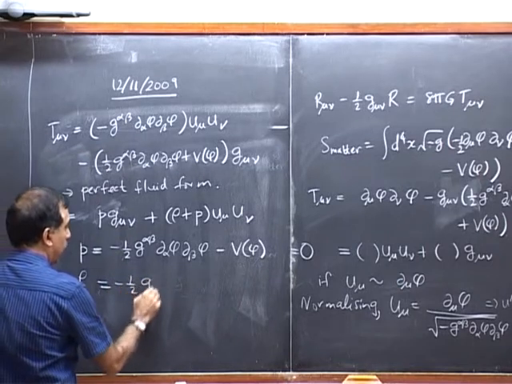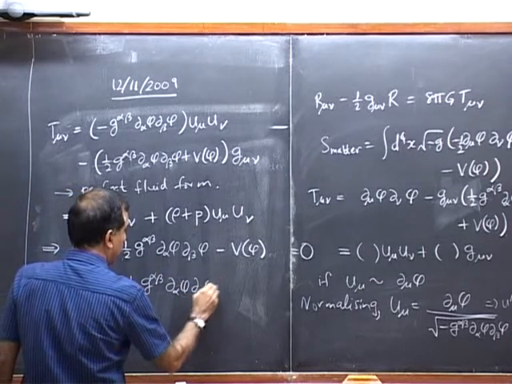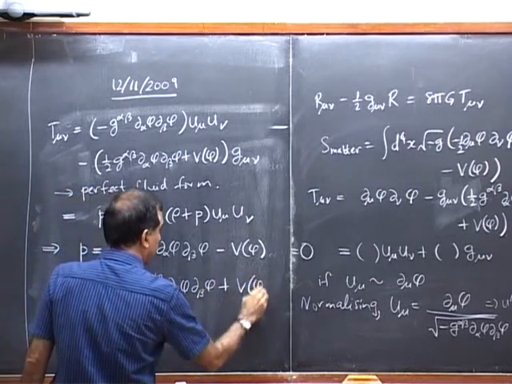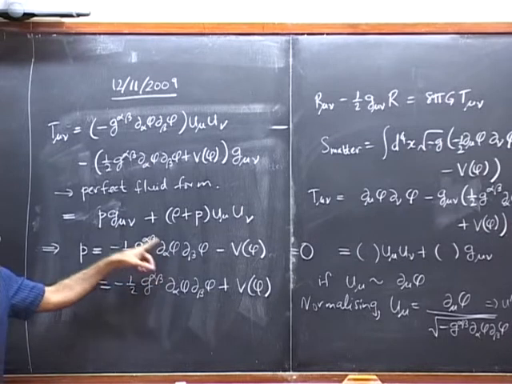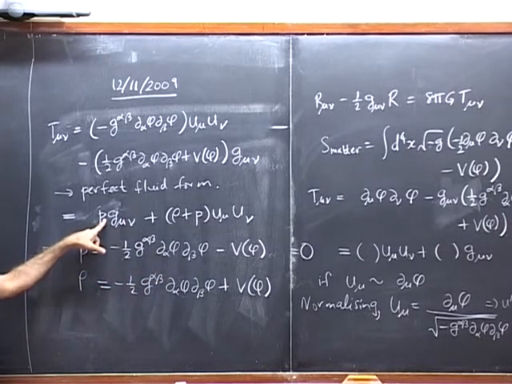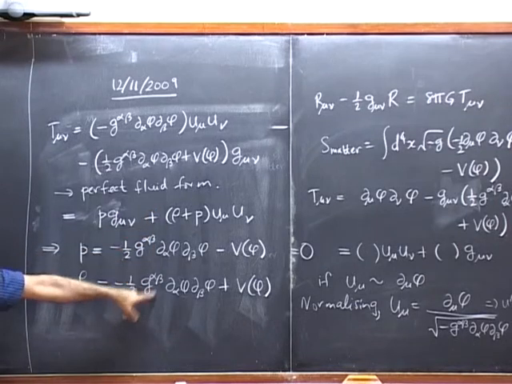So it is minus a half G alpha beta del alpha phi del beta phi plus... Now these are just names. I'm just identifying that the thing which we called P earlier and rho earlier with this energy momentum tensor is really this thing and this thing.